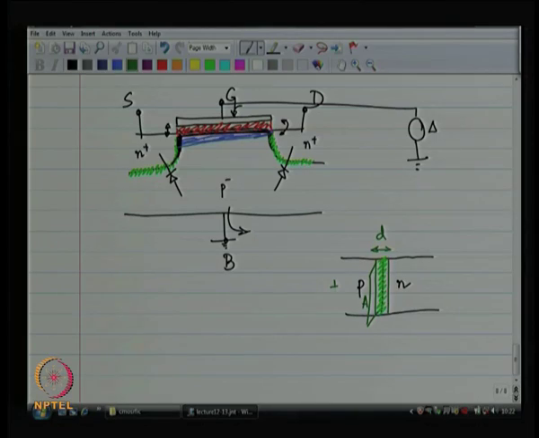Right now I have not applied any voltage, junction depth is like this. When I make P a little more positive than N, then what is going to happen? The junction depth is going to shrink, become smaller. When you make the whole thing conducting, then there is no junction depth.